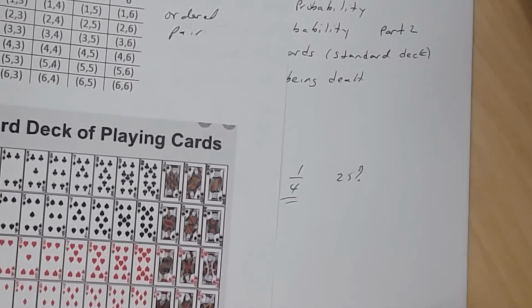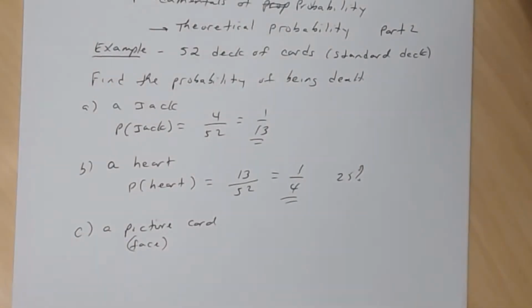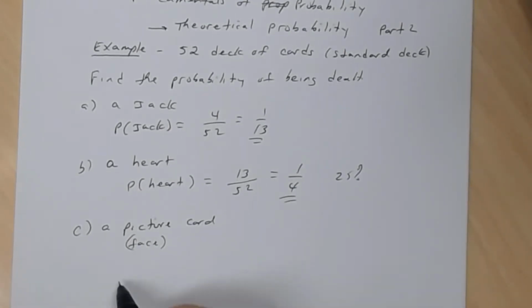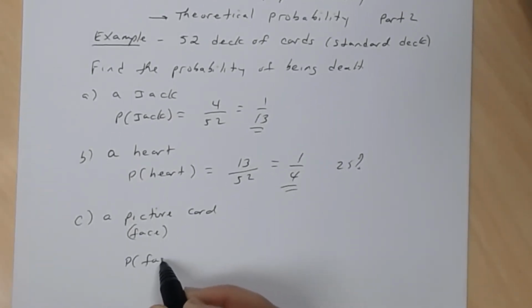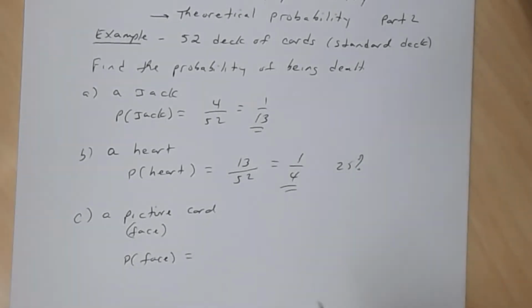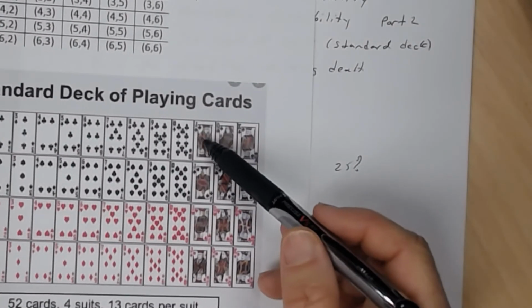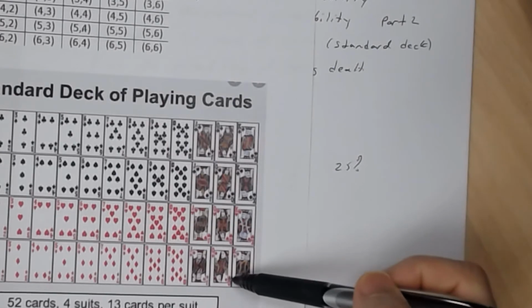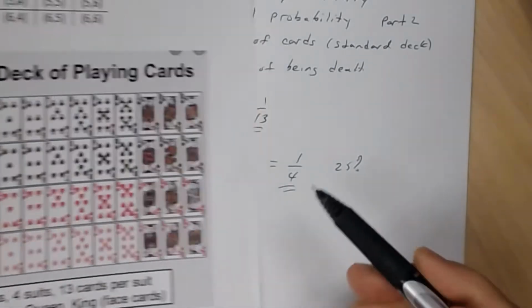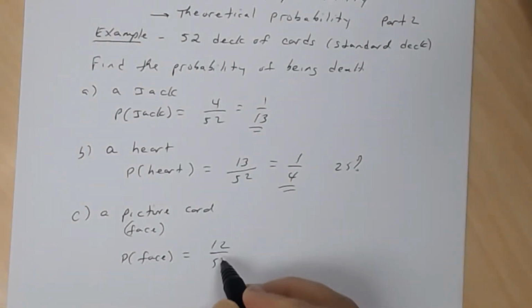So when you hear the word picture card, they mean face card. So the probability of being dealt a face card will be, well, how many faces are there? There's 3 here times 4 is 12, right? So that's 12 divided by 52.